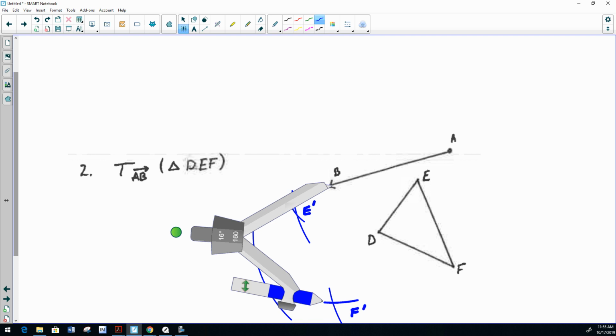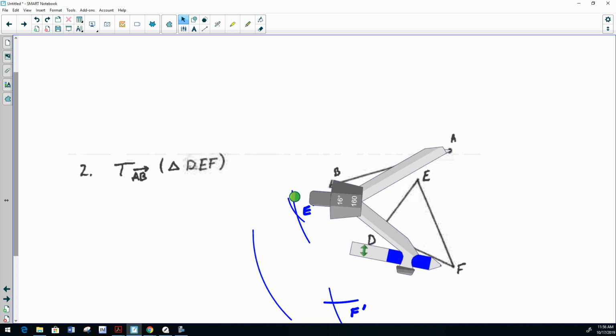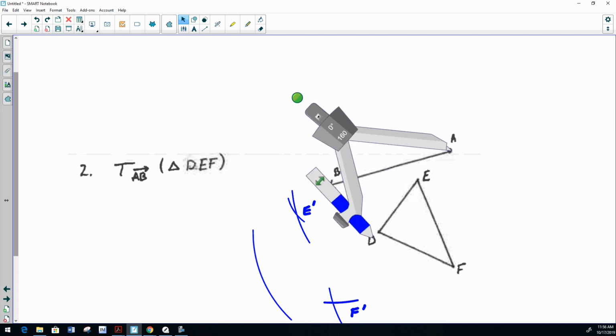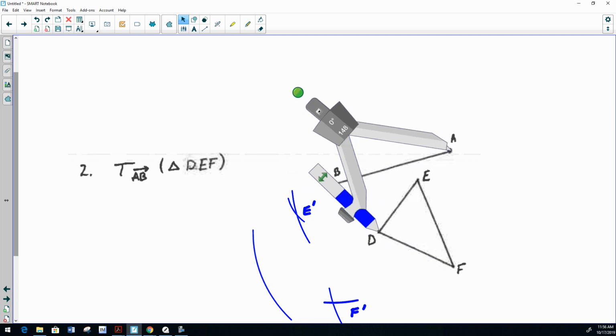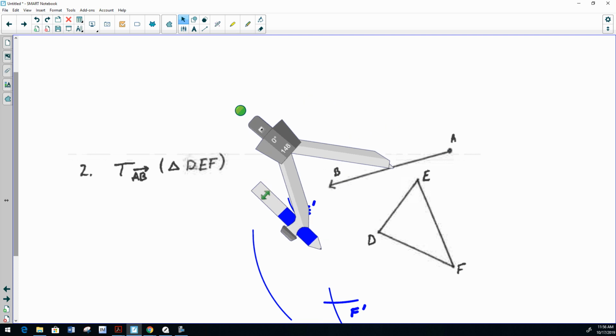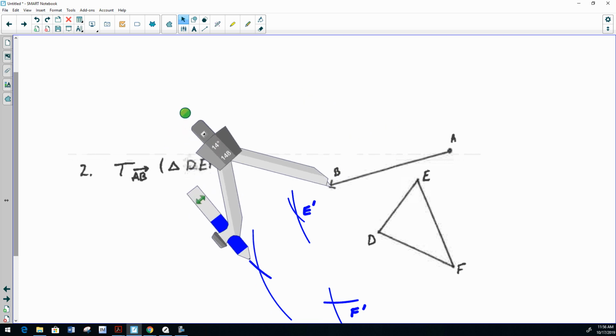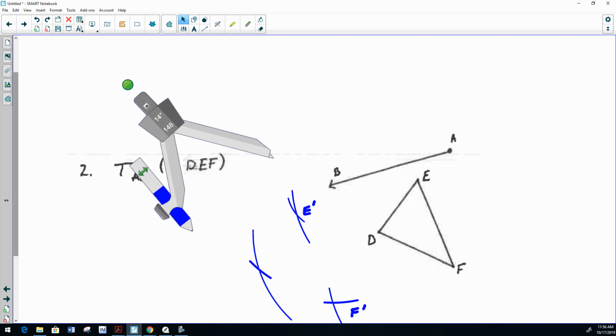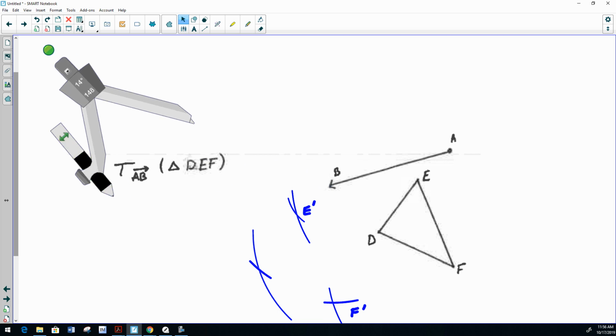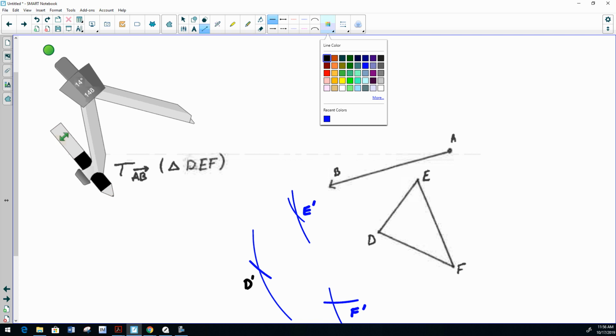Measure my D. That's D prime. And finally connect it. I'm going to use blue again. And we get an exact copy that's been moved over this vector AB.